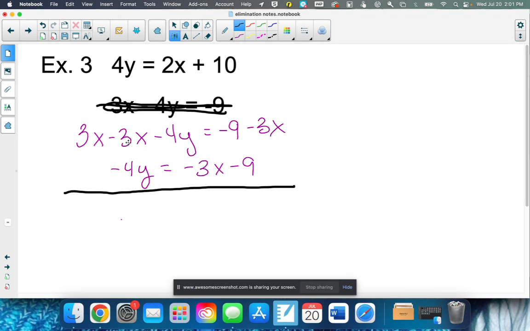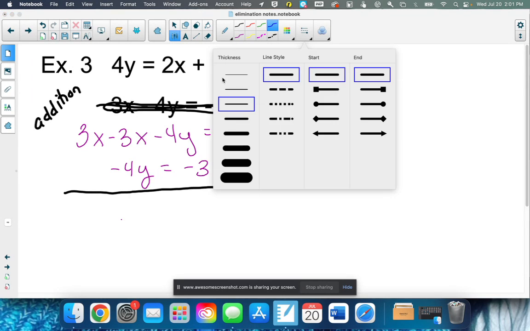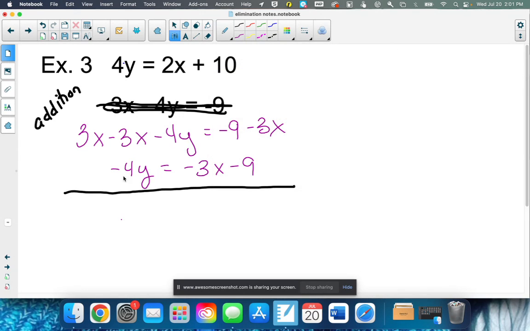So I have matching numbers on my y's with opposite signs. So that's already a 0 pair. All I have to do is add them. So I'm going to add all my like terms. So 4y and -4y is gone. So that's just 0, and make sure you keep that 0 there. Okay, and then I have 2x and -3x. So 2 and -3 is -1x.